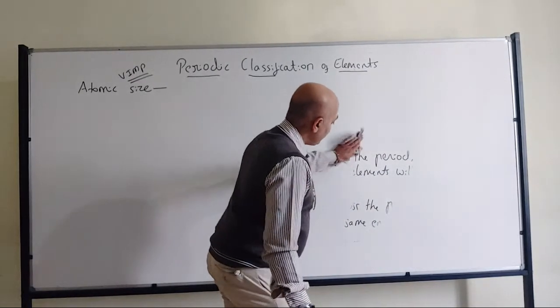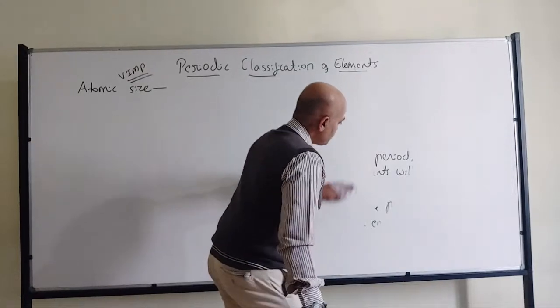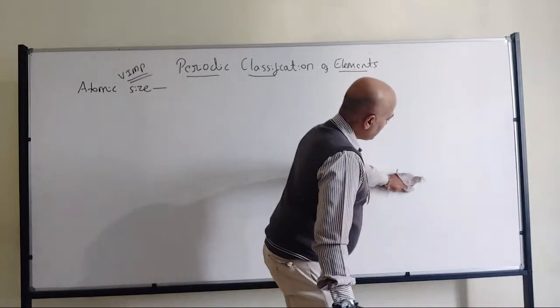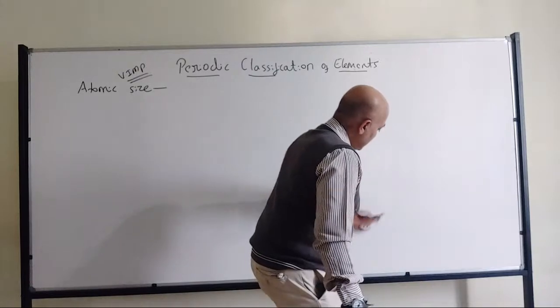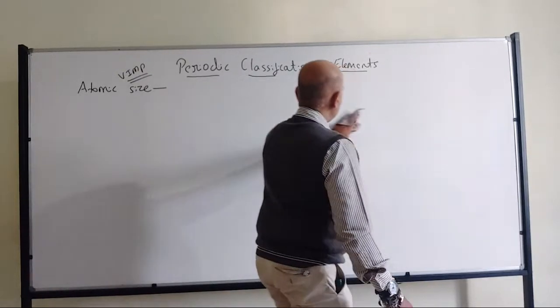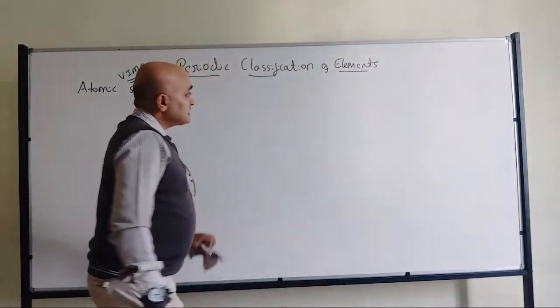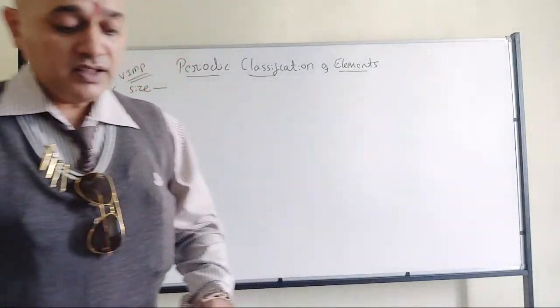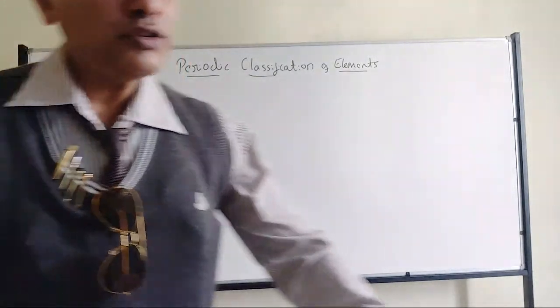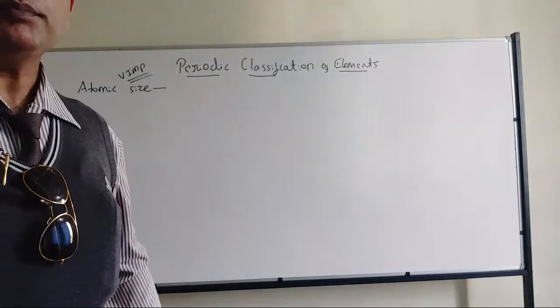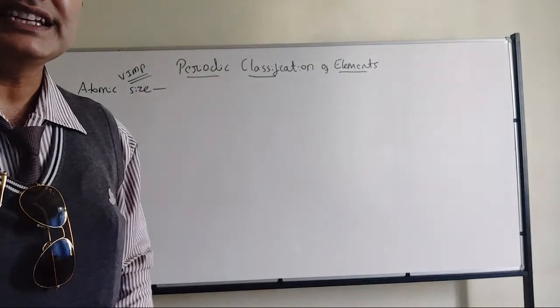Neutron does not have any charge. So naturally when there is an increase in the atomic number, that indicates an increase in the nuclear charge. You can use the word atomic number or nuclear charge. No problem, in both ways it will be correct.